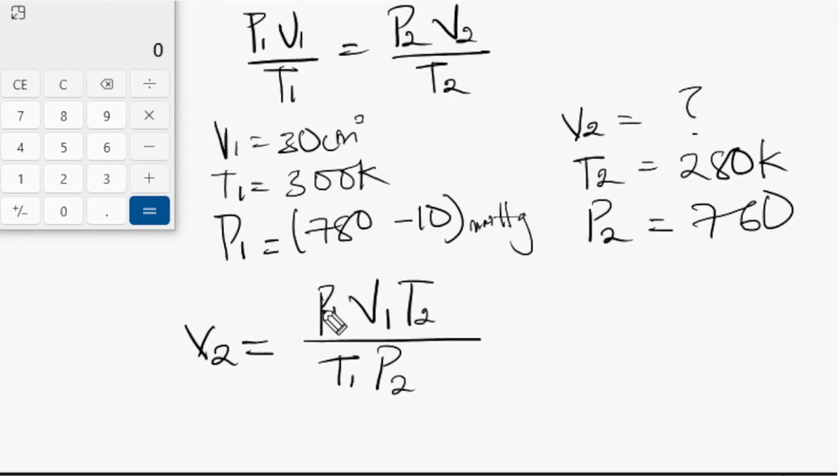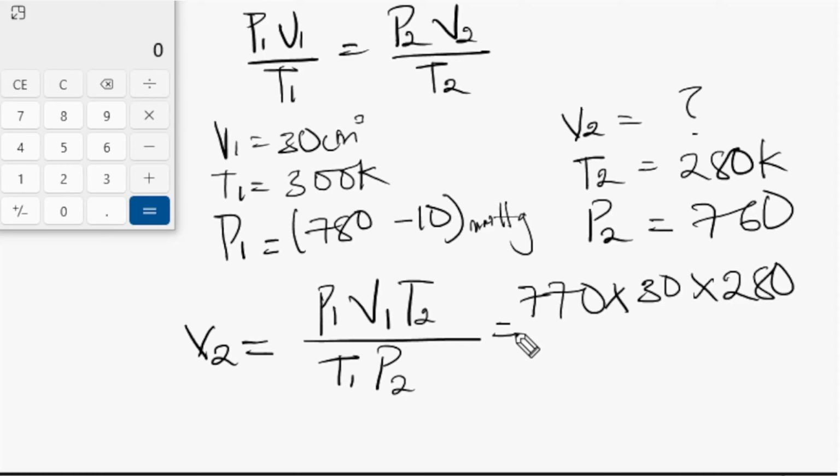So guys, that's it. P1 here is 770, since it's 780 minus 10, so that's 770 millimeters of mercury, then times V1, that's 30 centimeter cube, and then T2 is actually 280 Kelvin.